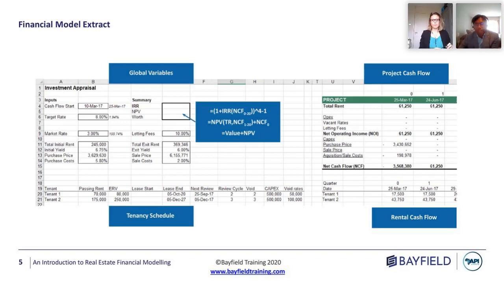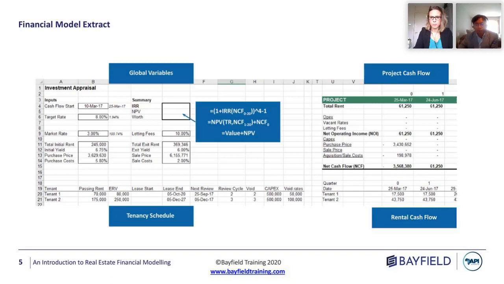And then on the right-hand side, you will see the two categories of cash flow. The project cash flow at the top, where you see the rent, the OPEX, CAPEX, sales price, and the net cash flow, and the rental cash flow at the bottom that is forecasted based on the assumptions of the tenancy schedule. The goal is to be able to fill in the middle the performance metrics that are here, three: the IRR, internal rate of return, the net present value, and the worth.